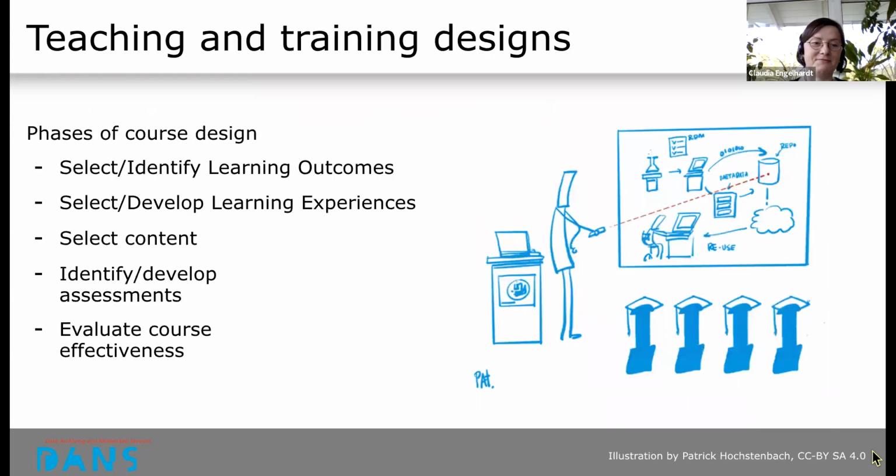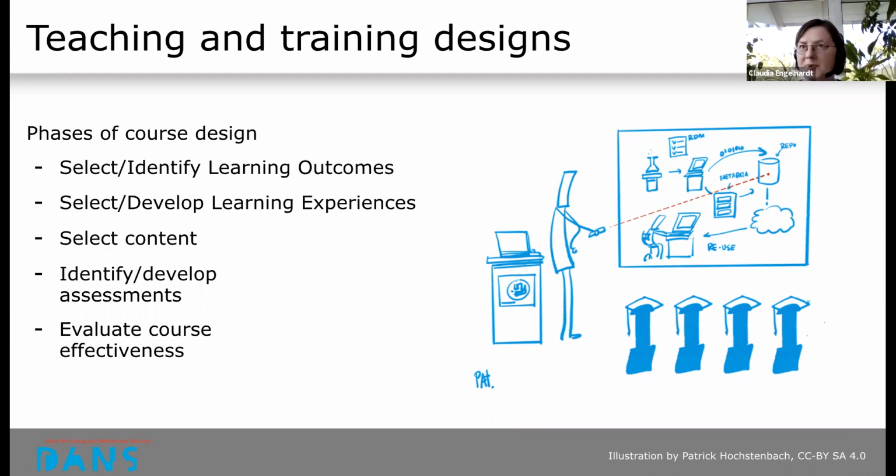Next, let's have a very brief look at teaching and training designs. That's just this one slide. So in this chapter, we actually go into the different phases of course design and think about relevant aspects there. So these phases are selecting and identifying the learning outcomes. Based on that, selecting and developing learning experiences.